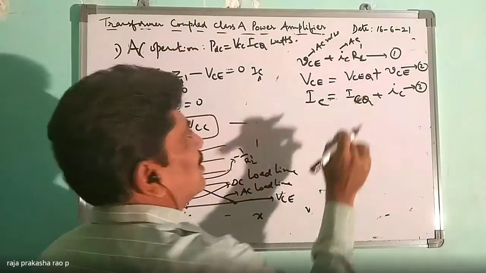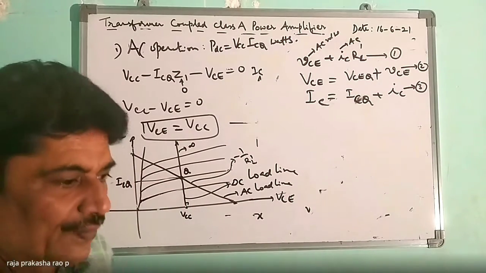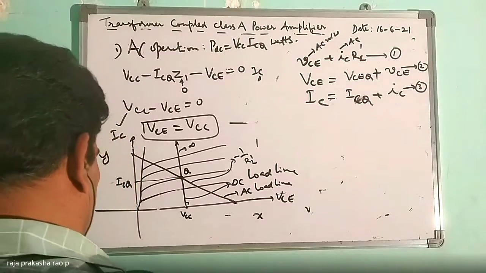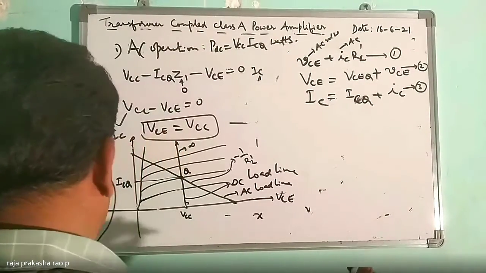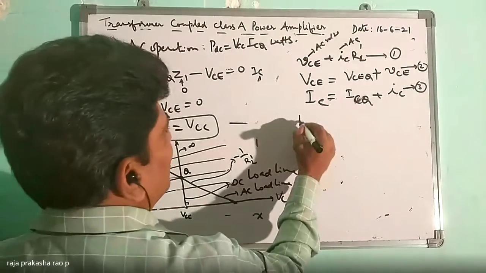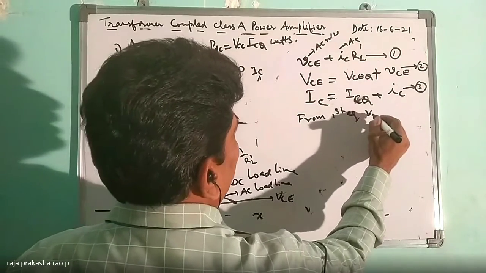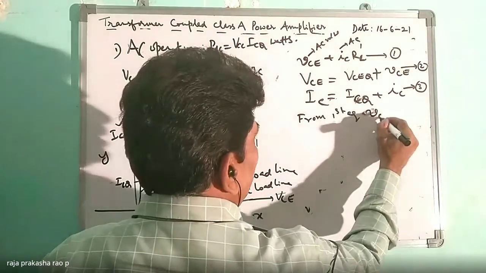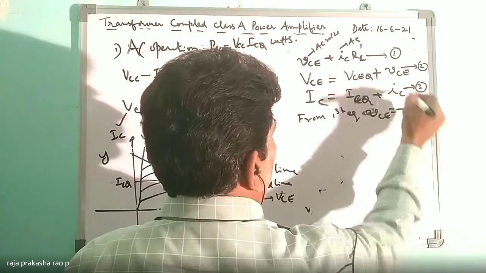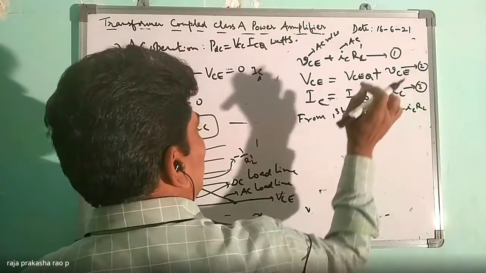Okay, from these three equations, I will write the equation directly. Just substitute vce in the second equation. What is vce? From the first equation, the small vce is equal to minus ic into RL dash. You put this expression in the second equation now.